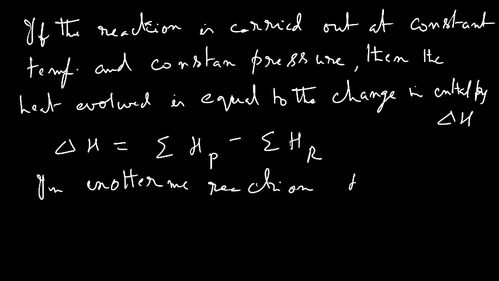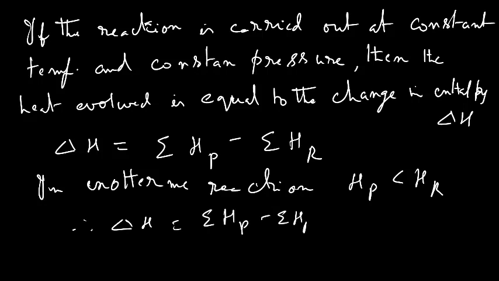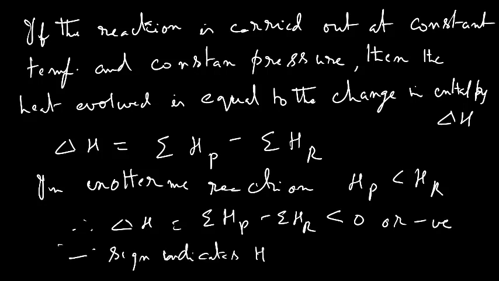In an exothermic reaction, the enthalpy of products is less than the enthalpy of reactants. Therefore, delta H is less than 0 or negative. So, the negative sign indicates the release of energy.